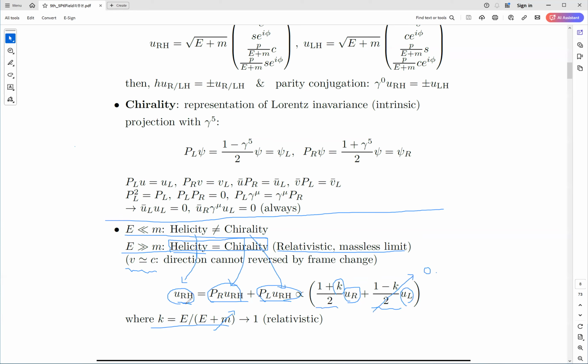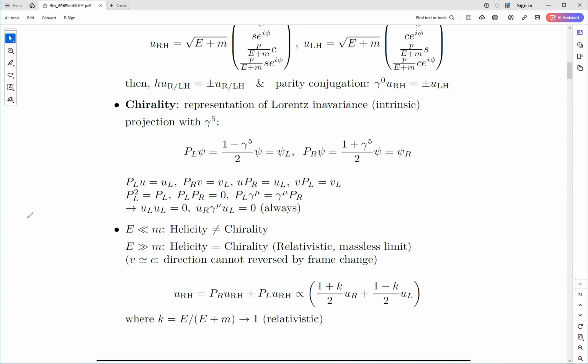So the right-hand helicity and the right-hand chirality become the same. Distinguishing between the helicity and the chirality is important because we will use such chirality in the weak interaction, because weak interactions are different for the left-handed ones and the right-handed ones, which is called parity violation and CP violation.